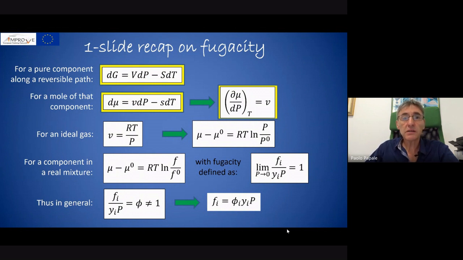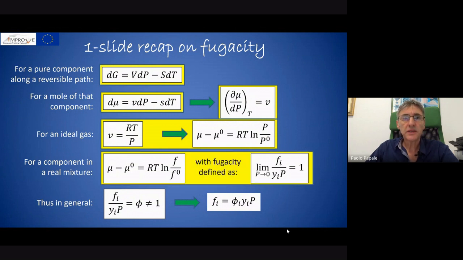For ideal gases, we could therefore derive a simple expression for the chemical potential. Lewis extended that expression to any substance in any state, either pure or in a mixture, by replacing pressure with fugacity.